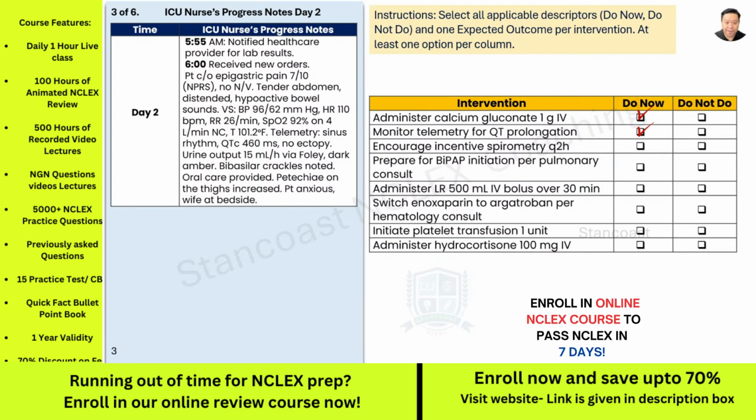All right. Now, what about encourage incentive spirometry every 2 hours? What do you think about this? This is also a do now. You need to reinforce the use of the IS because the patient has bibasilar crackles and documented atelectasis on the imaging. And I want you to pay attention to the hypoventilation from the pain.